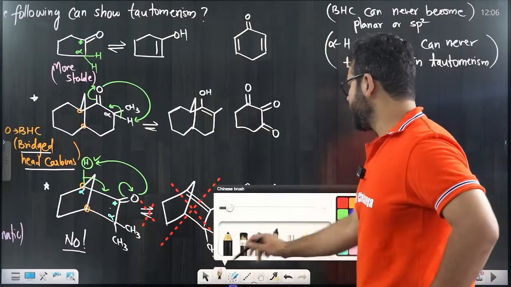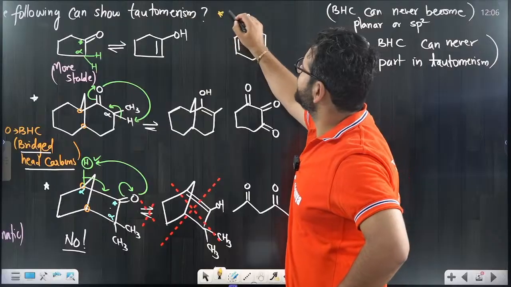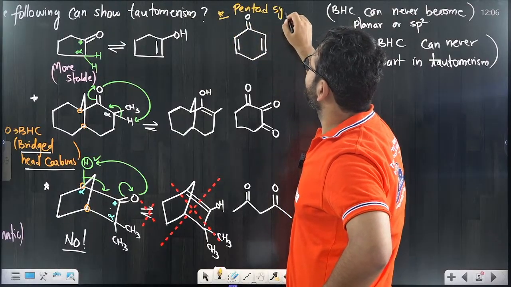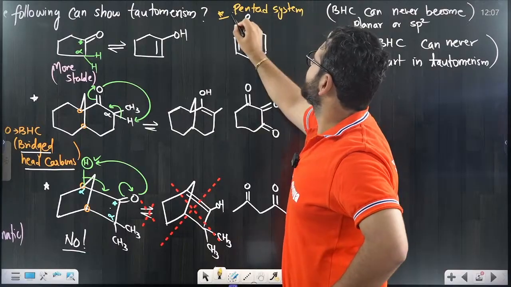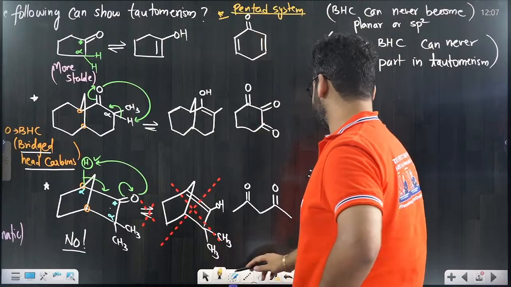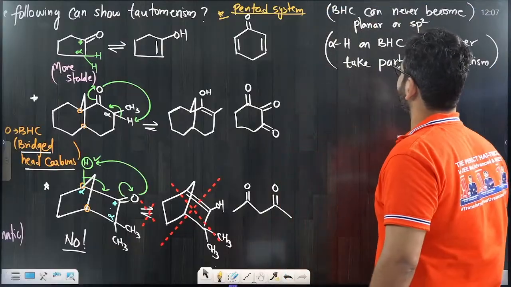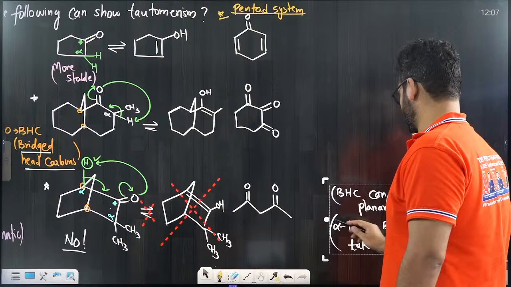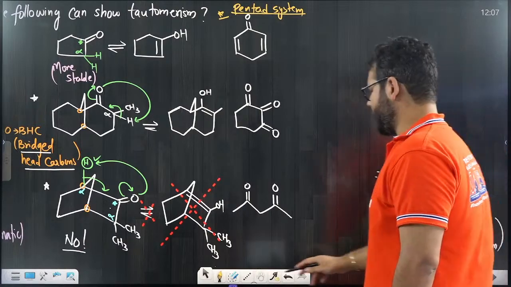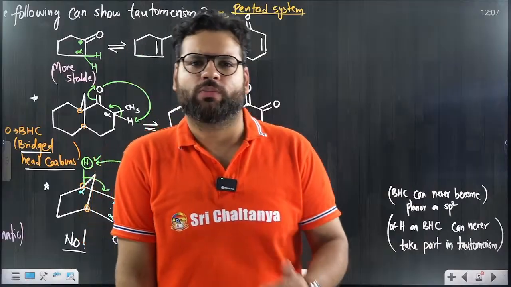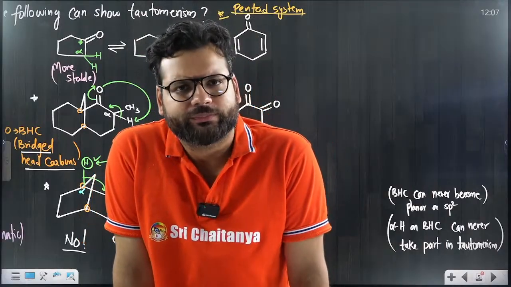This is another important example. As an exception, you should remember, this is an example of pentad system, means 1-5 shifting. Remember it, beta. Whenever your alpha carbon is sp2, don't lose hope.